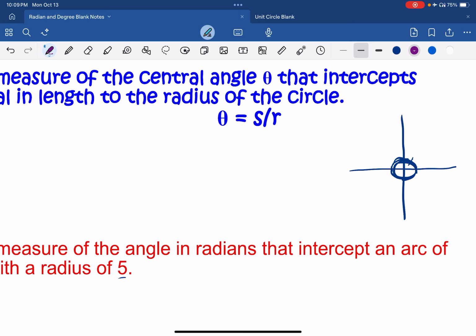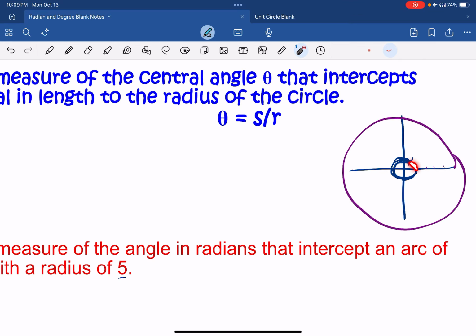If I measured out 5 units, that'd be 1, 2, 3, 4, kind of way out here, just estimating. With that larger circle, if I measured the same distance, pi over 3 from here to here, see how small that is? On this circle, it would probably fit somewhere in here instead. It would not go all the way to there. It would just be like that.